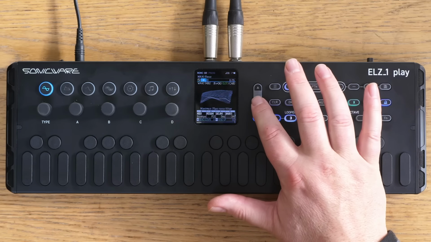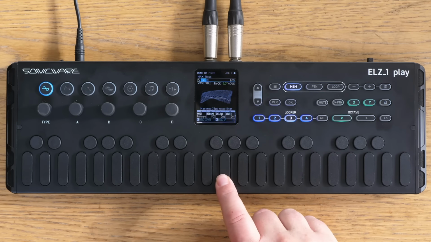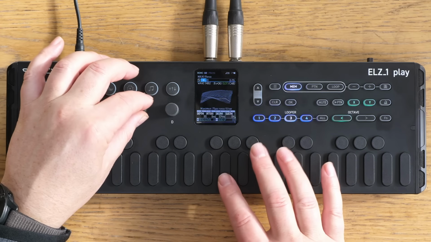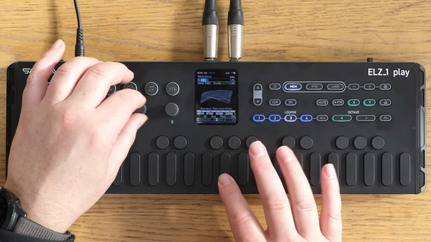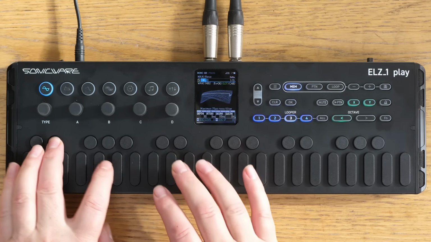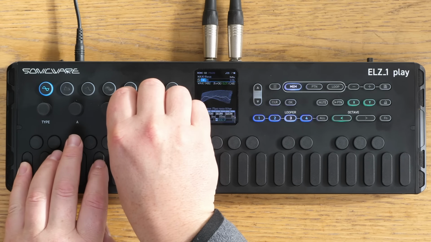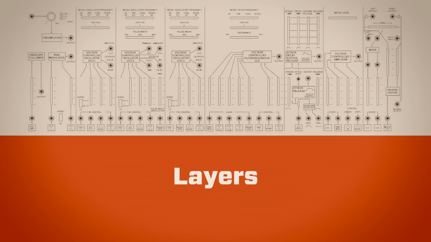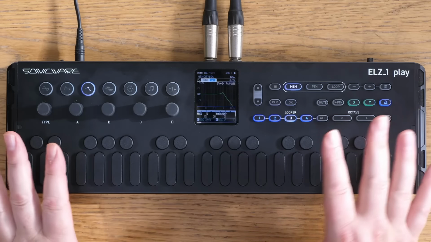And if we come into the envelope on there, we can change the decay on that to make it faster or slower. So that's the wavetables and how you use them.